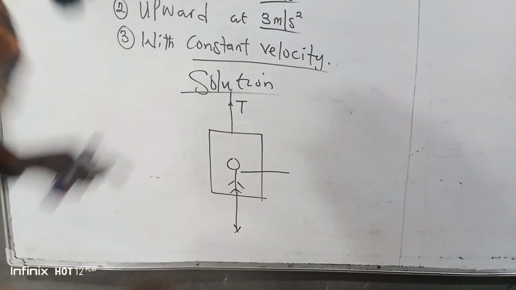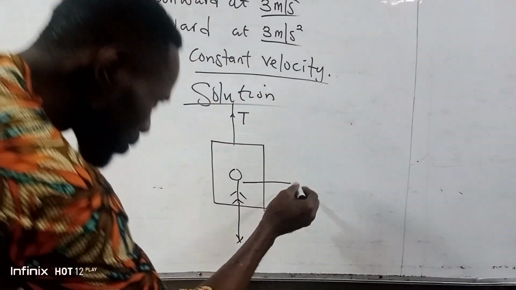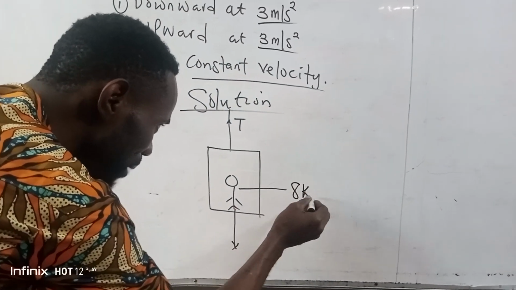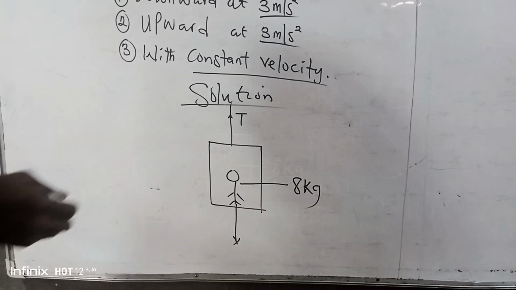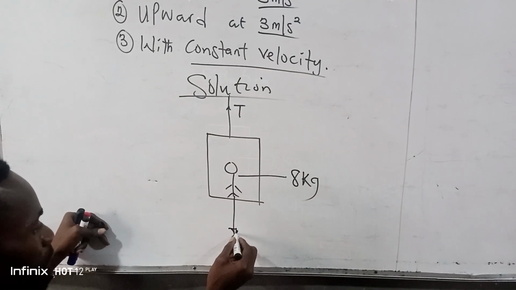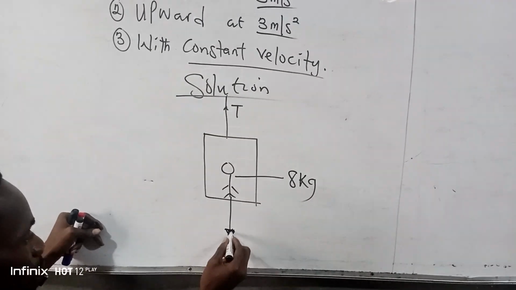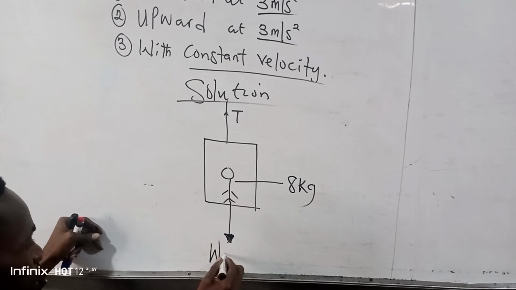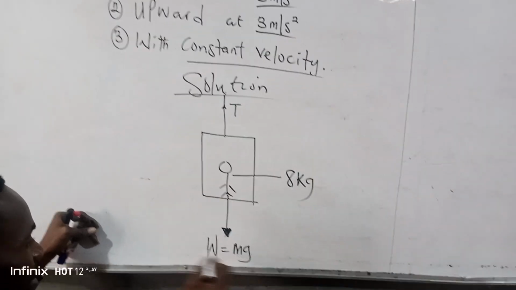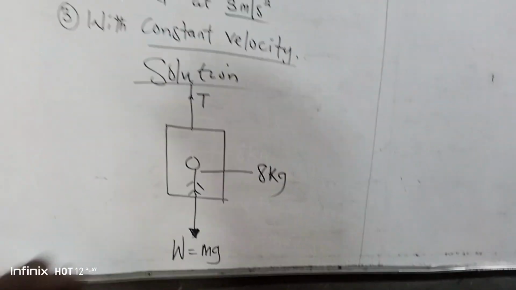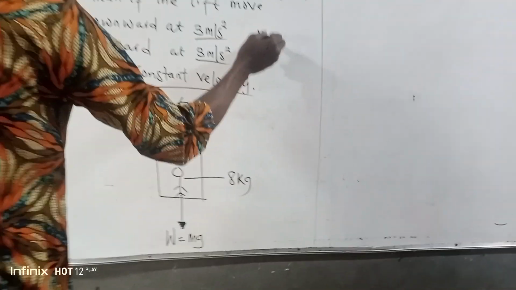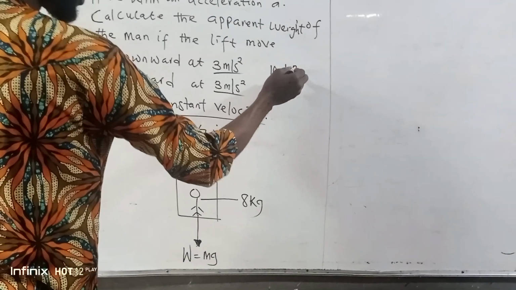The mass of the man is 8 kg. Weight will be equal to mass times acceleration due to gravity, and we know that acceleration due to gravity has a value of 10 meters per second squared, and that is what we'll be using.